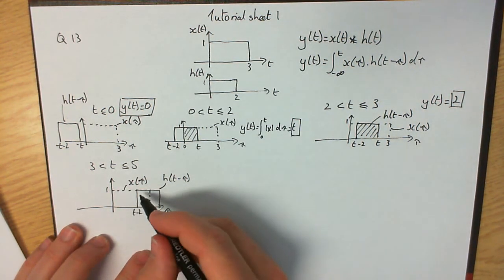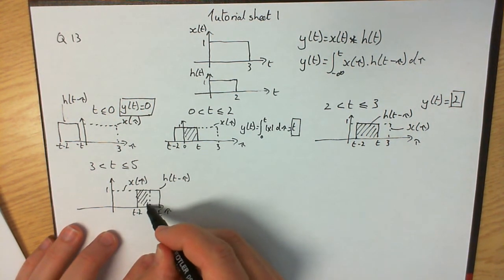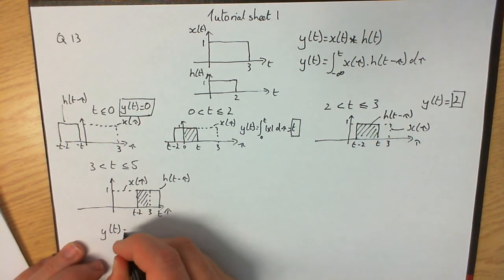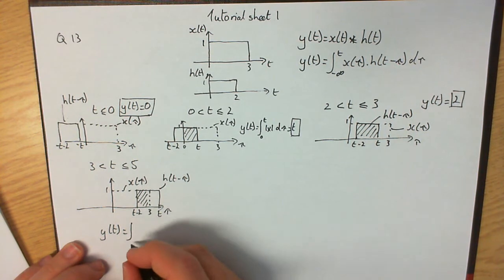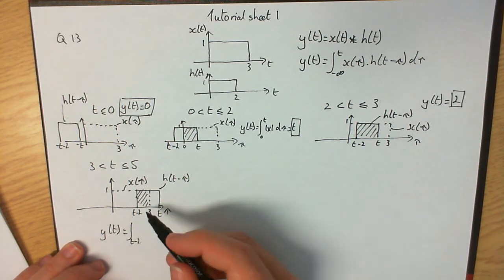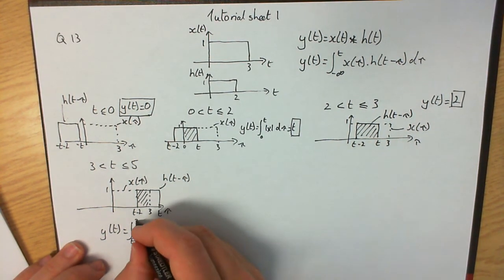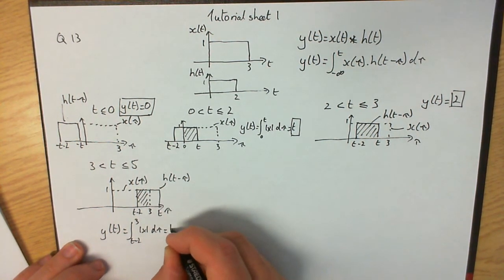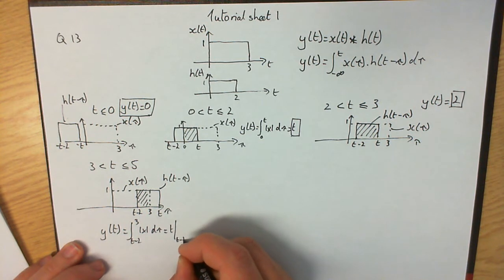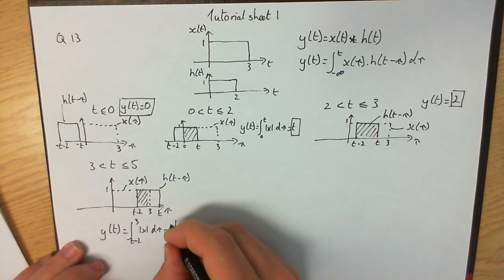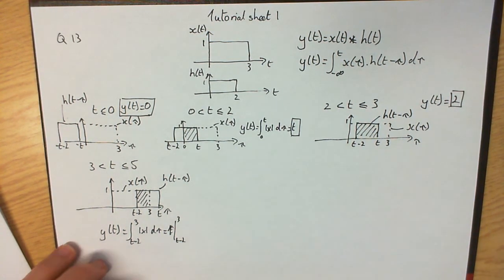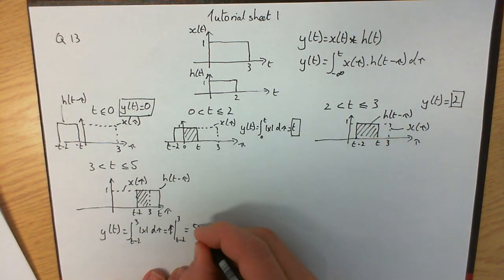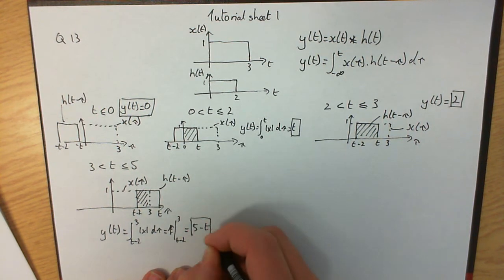And again, the region of interest is just in this overlapped region. So our output is now the integral from t minus 2 to 3 of 1 times 1 d tau, with tau between t minus 2 and 3. If you work that out, you get 5 minus t.